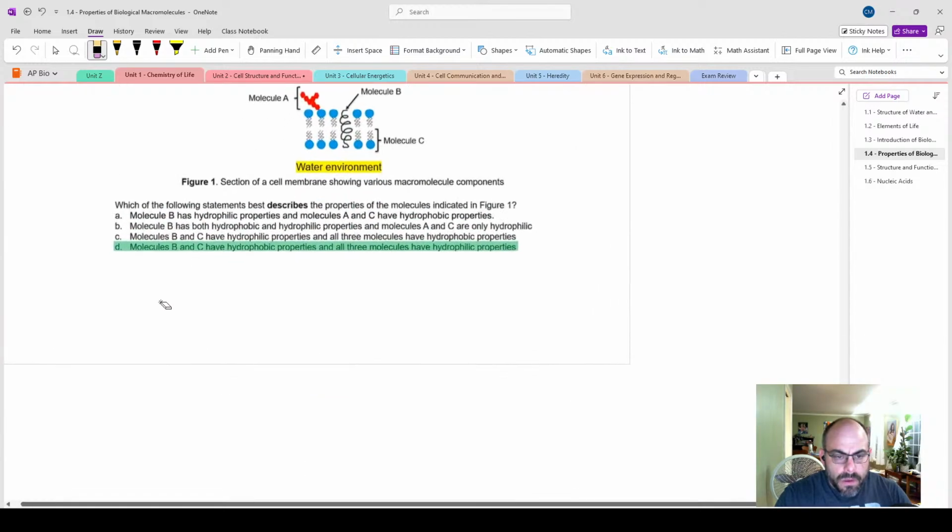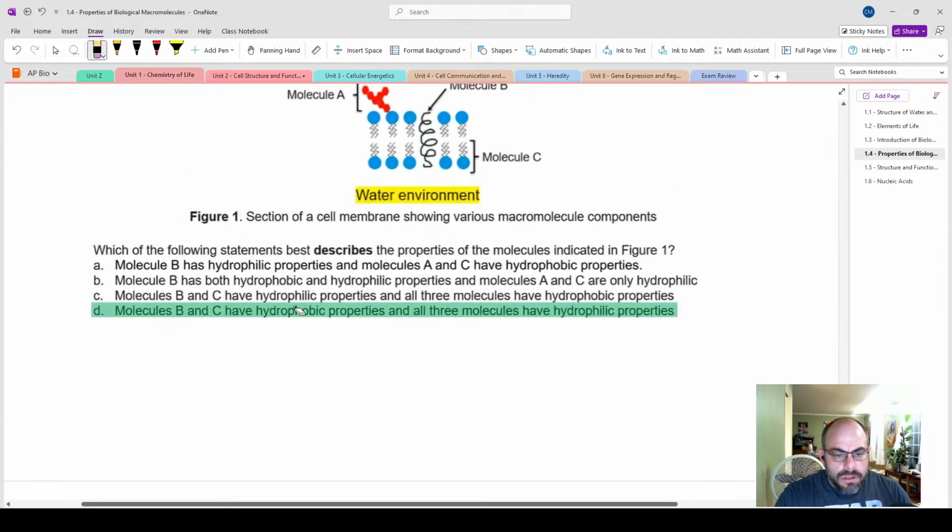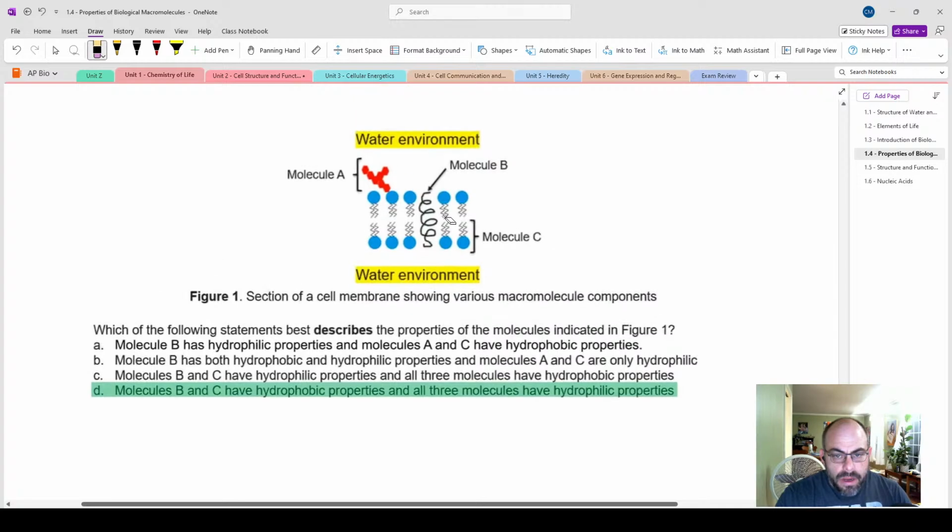Okay. So B and C have hydrophobic properties, right? Because they go into the middle where this hydrophobic portion is. But all three are hydrophilic because all three touch water in some way.